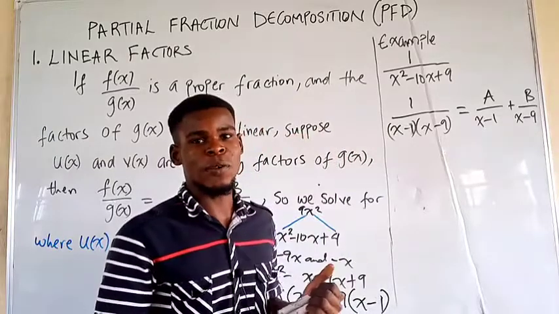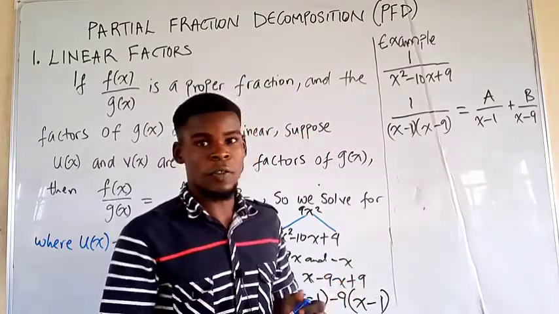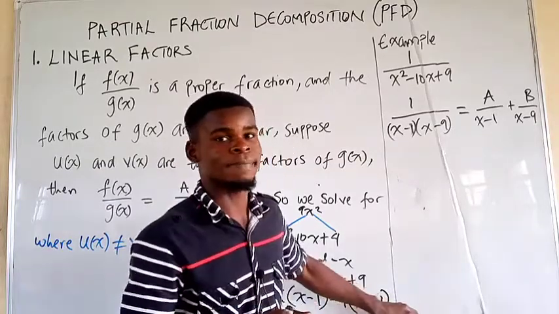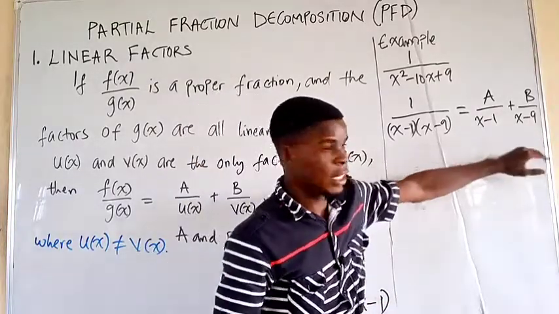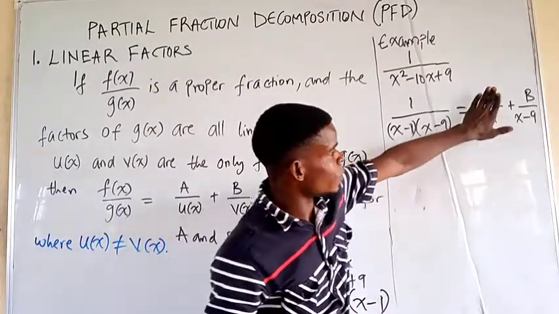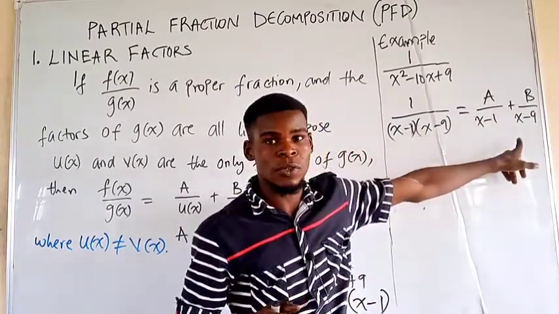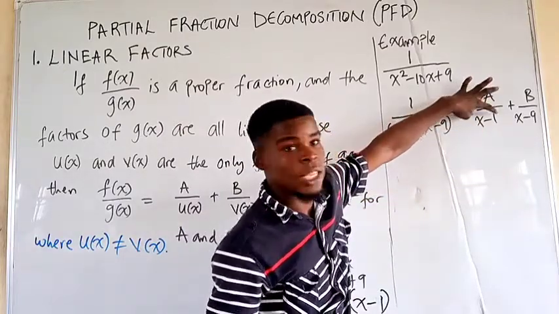Okay, so I would like to solve for this, and I would just like to use a very simple method. I'll call it the cover-up method. It works for linear factors. That is just the unfortunate thing. So when we have linear factors like this, the first thing is to consider the first fraction, which is a over x minus 1. Then you want to make the denominator here to be 0.